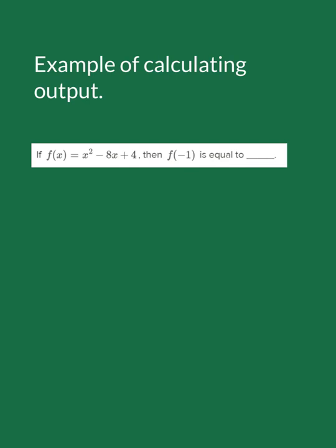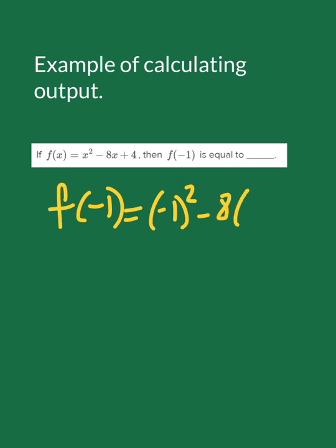All I have to do is take my input, negative 1, and wherever I see an x, I replace the x with negative 1. So when I replace, it looks like this. F of negative 1 equals negative 1 squared minus 8 times negative 1 plus 4.